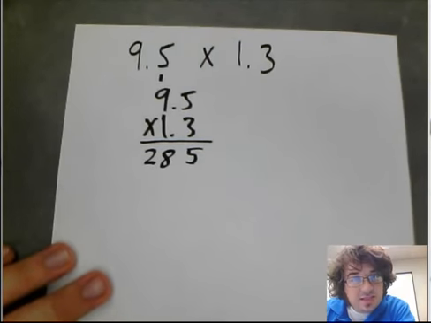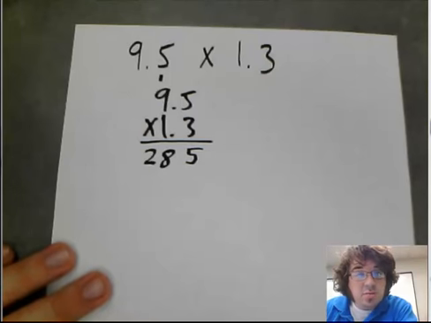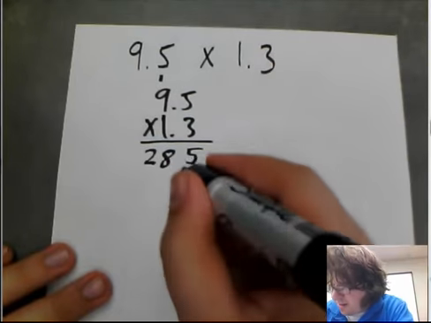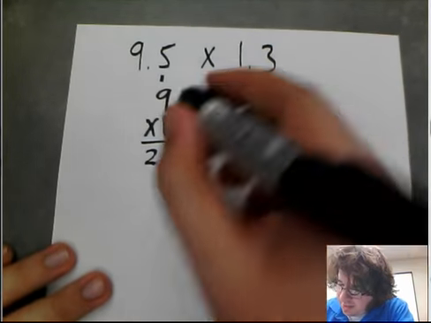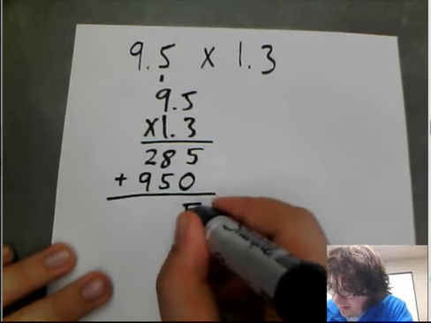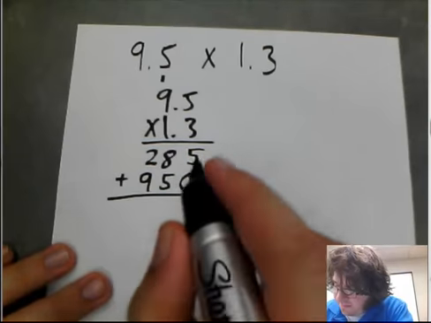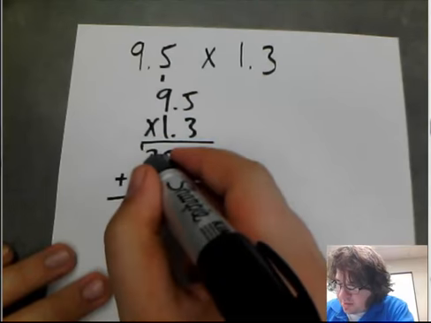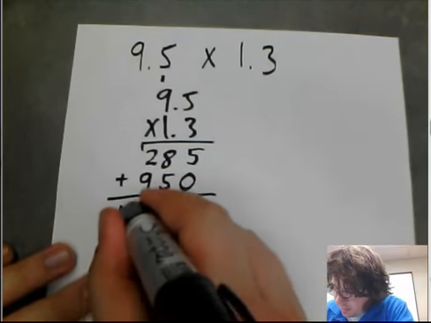Now, if you don't know how to do this next step, go back and watch the multiplication of multiple digit numbers video, because that'll explain it more in depth than I'm doing here. So I need to add a 0, and now 1 times 5 is 5. 1 times 9 is 9. Add these up. 5. 8 plus 5 gives me 13. 1 plus 2 gives me 3, plus 9 gives me 12.